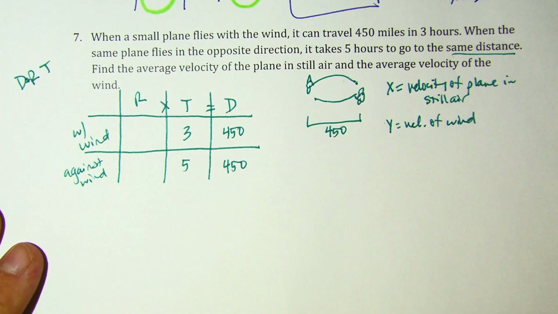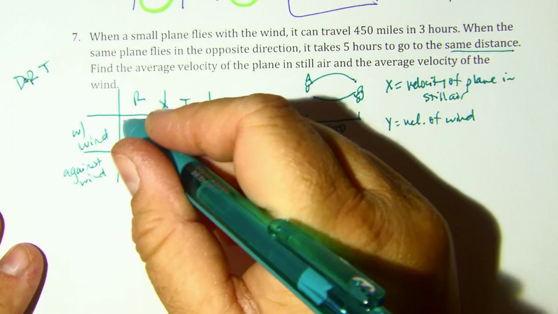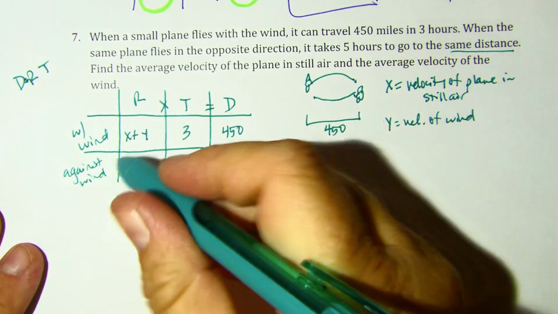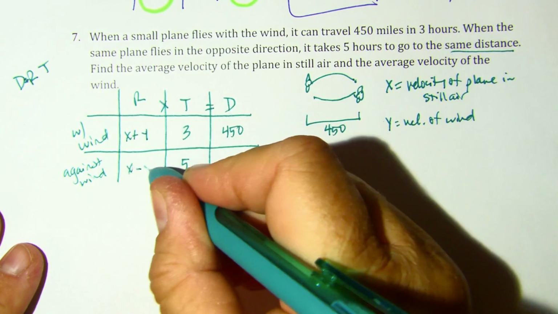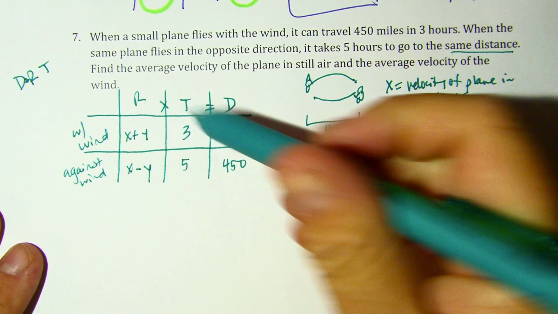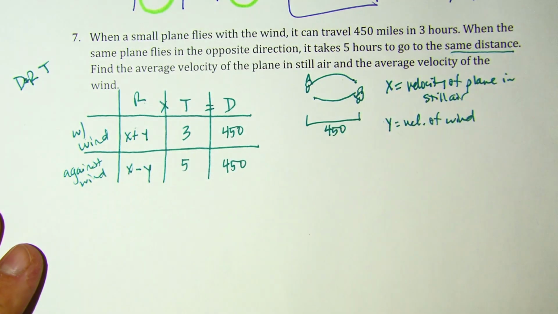So that's x and y. So the trip with the wind, you have the speed of the plane plus the wind helping to push it as well. So x plus y. When you're going against the wind, you have the speed of the plane minus the wind slowing it down. So rate times time equals distance. This times this equals this. And we're going to have two equations like that.